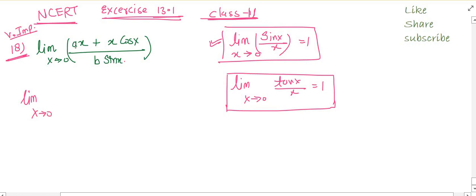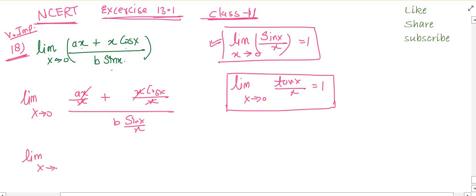Can I divide each term by x? So ax by x, x cos x by x, and b sin x by x. Fine. So this will cancel and this will cancel. So we will have limit x tending to 0 of (a plus cos x) by (b sin x by x).